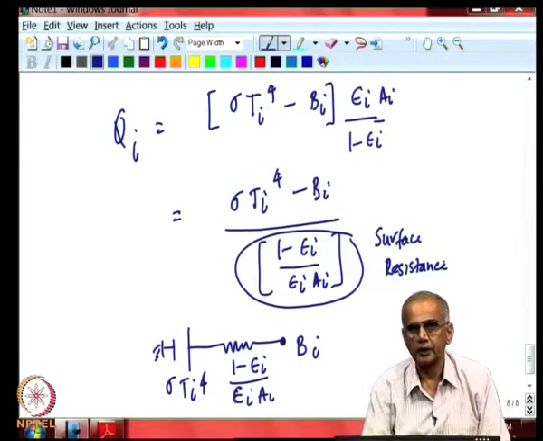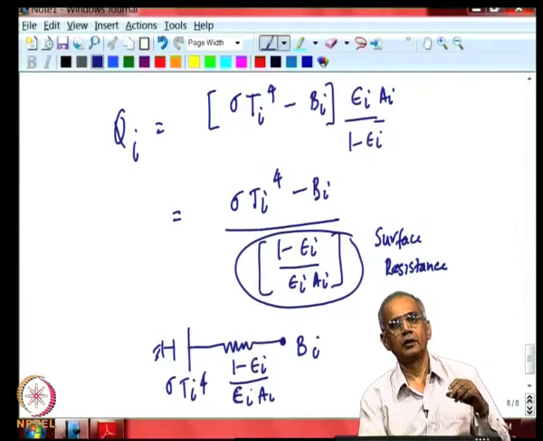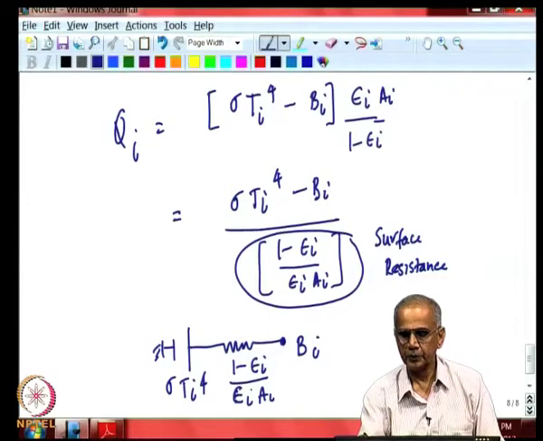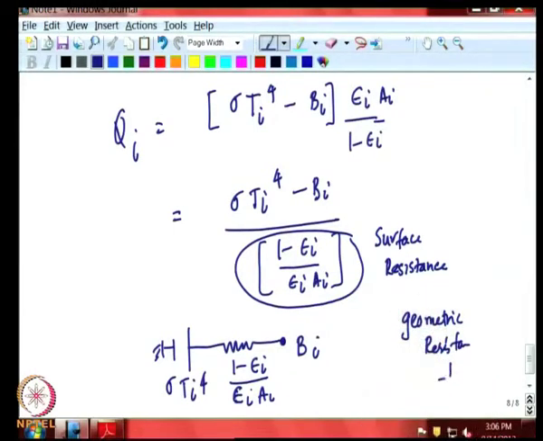This must be contrasted with the concept of geometric resistance, which we derived a few minutes ago, which was 1 over A_i F_ij.